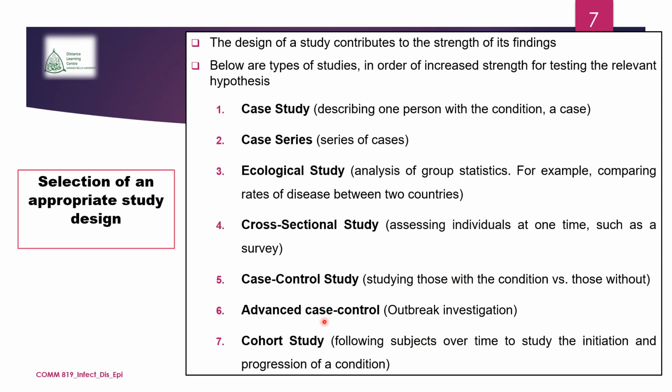Then we have the cohort study. Following subjects over time to study the initiation or the progression of a disease. Okay, you want to actually know when the disease started, or there's in the past, or progression of a condition that is from present to future.